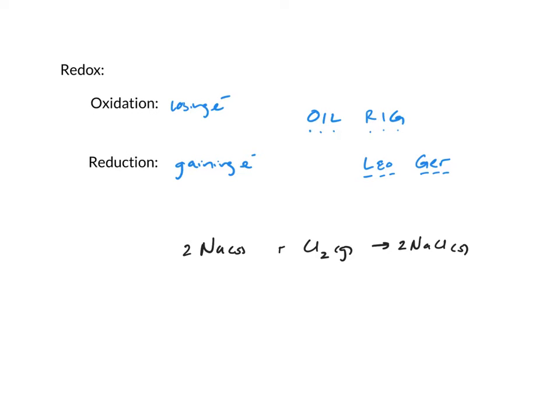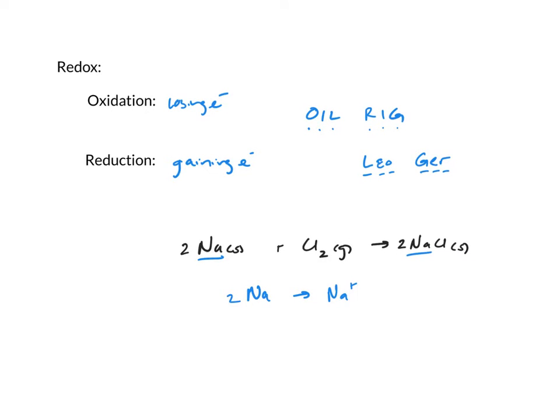So if we take a look at this reaction down here, where we're reacting sodium metal with chlorine gas to get sodium chloride salt, when I break this down, I have sodium metal turning into sodium ion. In order to do that, and I'm just going to put 2's here because of the balanced equation, I have to take electrons away from it.